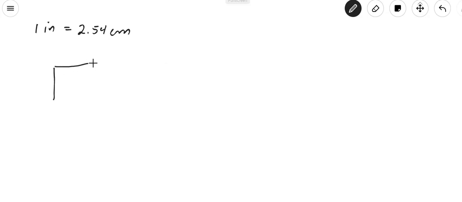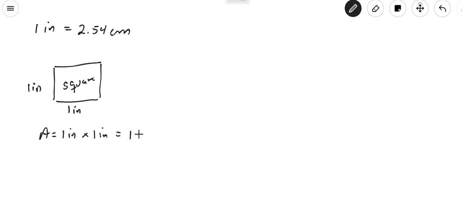So let us think of a rectangle, or a square really. On a square, they have 1 inch on this side and 1 inch on this other side. So it's a square, so the four sides are equal, and have 1 inch by 1 inch. If you find the area, you multiply 1 inch times 1 inch, this will be 1 square inch, right?